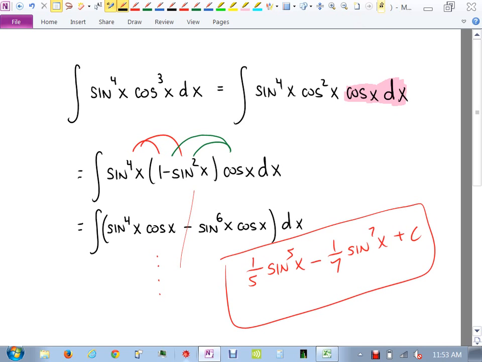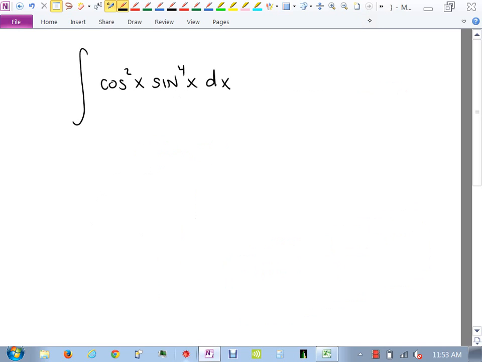But on this problem, they're both even. If I take the cosine squared and peel one off, I still have one cosine left, and I cannot do the Pythagorean identity on a single cosine. I can only do it on the cosine squared.